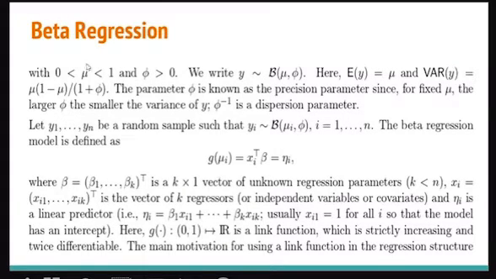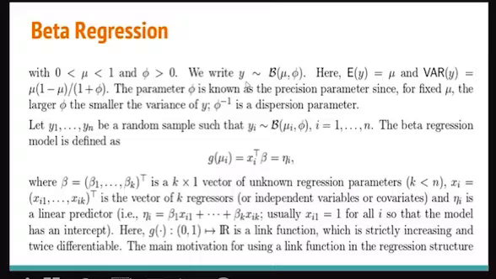Now, we are going to impose a condition on the new parameters, where mu is going to be between 0 and 1. And if mu is between 0 and 1, we can write that y follows a beta distribution with parameters mu and phi.